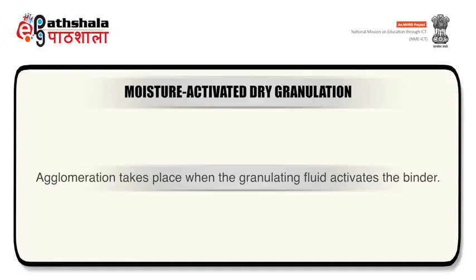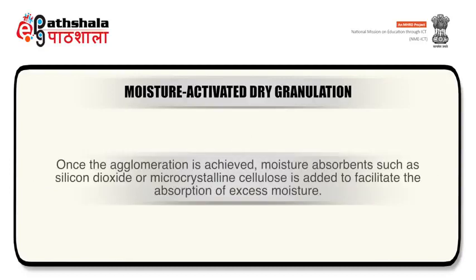Agglomeration takes place when the granulating fluid activates the binder. Once the agglomeration is achieved, moisture absorbents such as silicon dioxide or microcrystalline cellulose are added to facilitate the absorption of excess moisture.